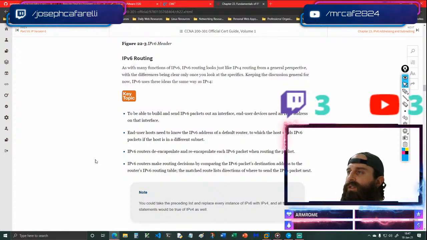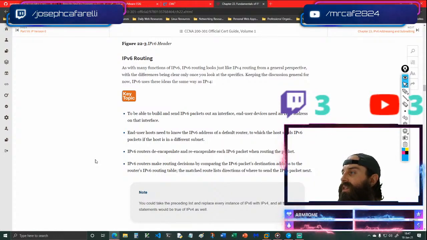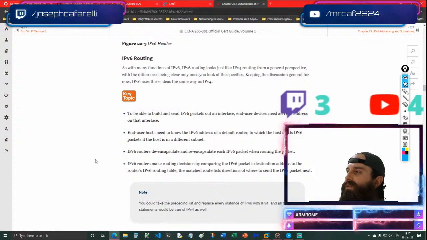If the host is in a different subnet, IPv6 routers de-encapsulate and re-encapsulate each IPv6 packet when routing the packet. The IPv6 router makes a routing decision by comparing the IPv6 packet destination address to the router's IP routing table. The matched route lists directions of where to send the packet.